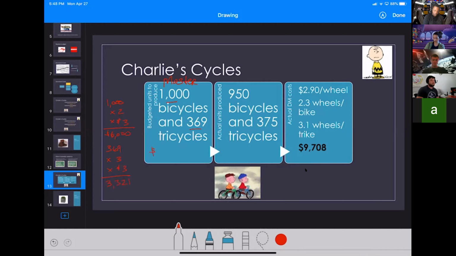So our budget was $9,321. But we actually spent $9,708.